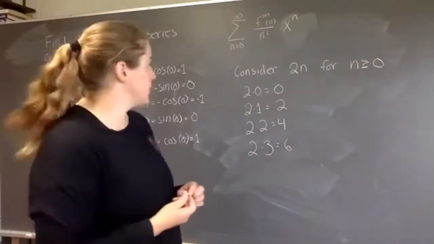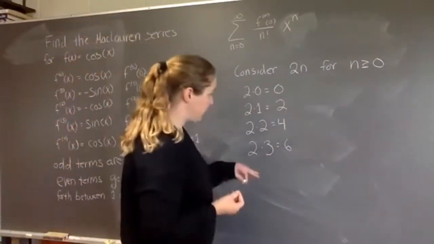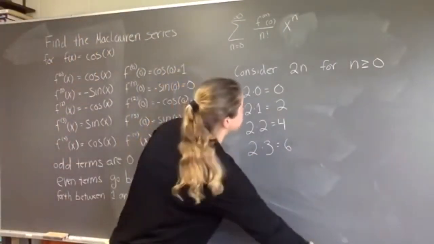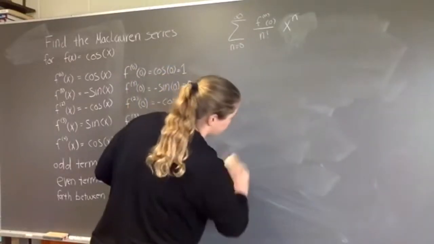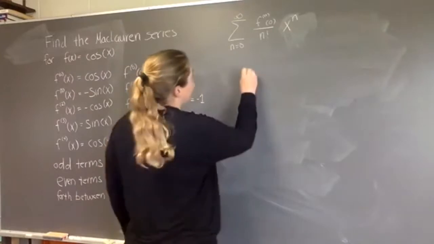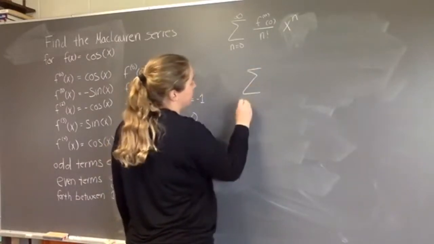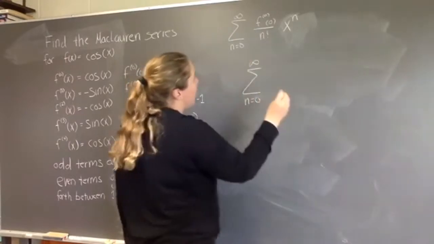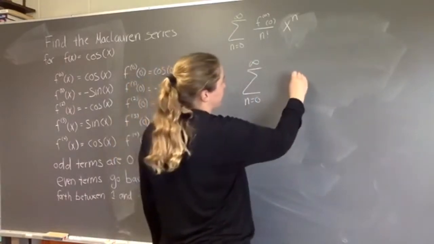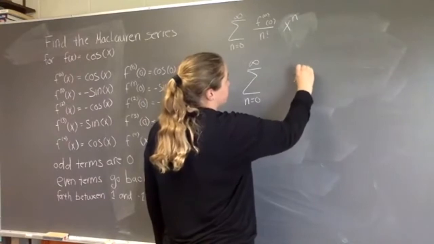So that's what we want to do. And this will give us all of the even integers. So we're going to take that idea and we're going to look at the sum from n equals 0 to infinity of, and then we'll have the coefficient here, x to the 2n.